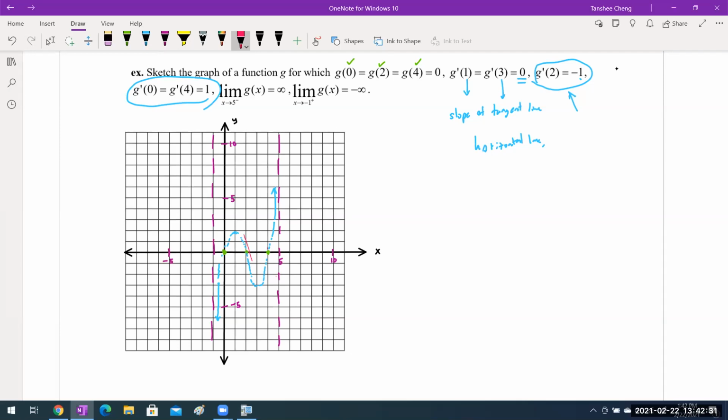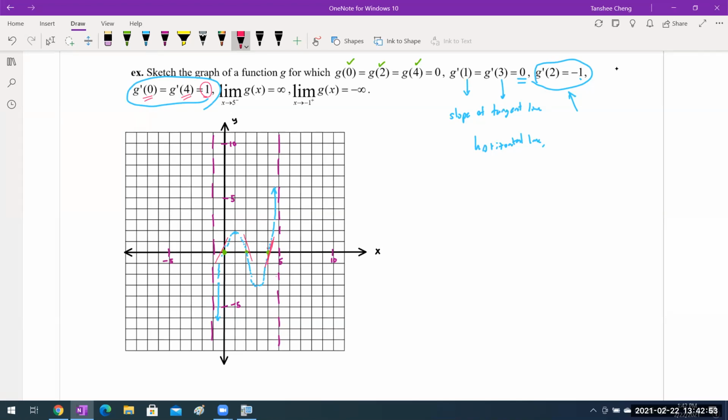And then I look at g prime of 0 and g prime of 4, the slope is 1. So g prime of 0 means the slope of the tangent line at 0 is positive. g prime at 4 means the slope of the tangent line at 4 is also positive.